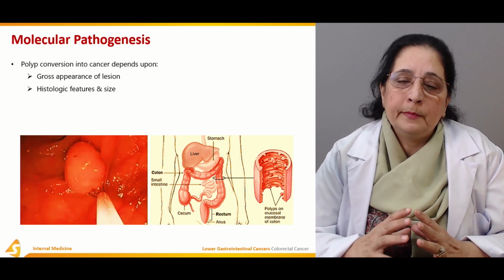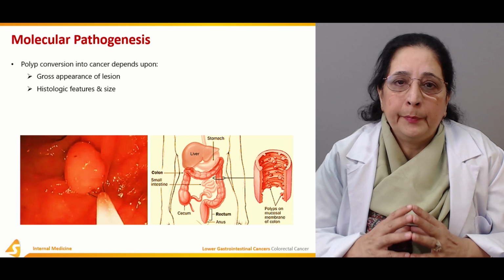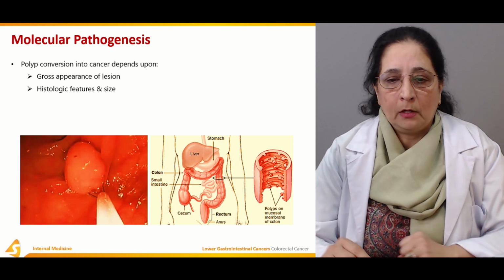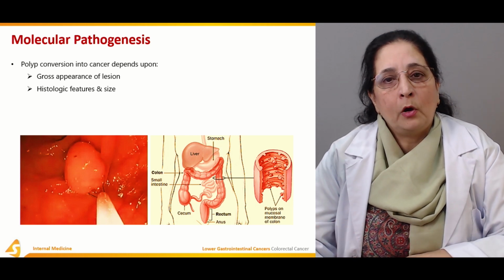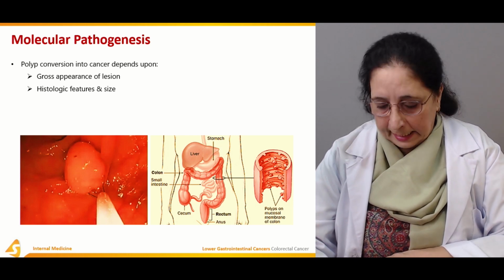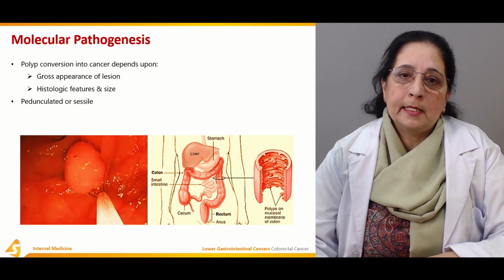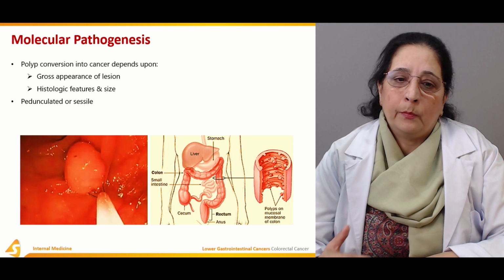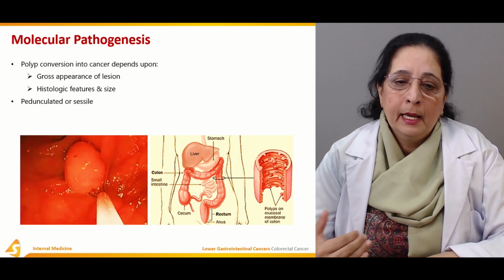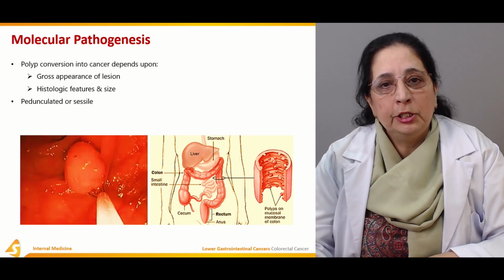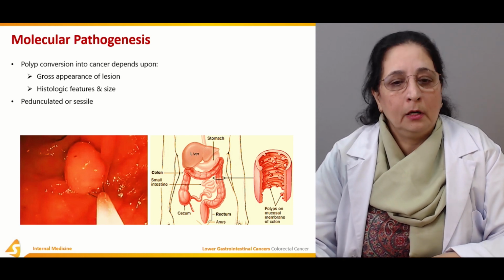So the histologic picture, features, and size all determine whether the polyp will change into malignancy or not. Then whether it is pedunculated or sessile is also an important factor.